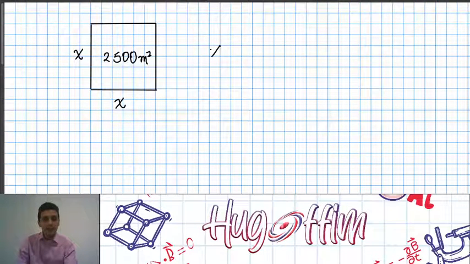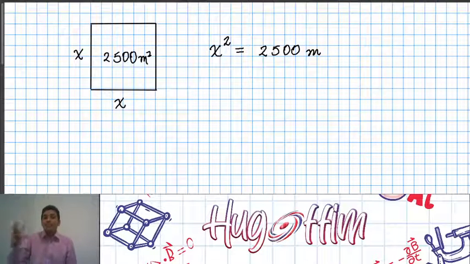In this case, the area of the square is calculated by using x to the second power. So the question that you need to answer is, what is the number I need to raise to the second power to provide 2,500 square meters?